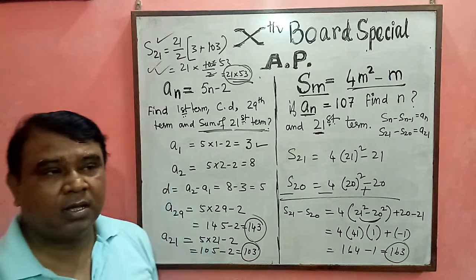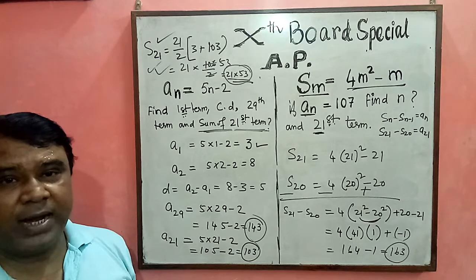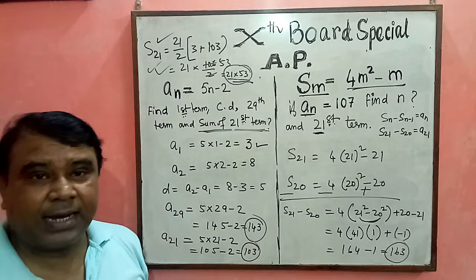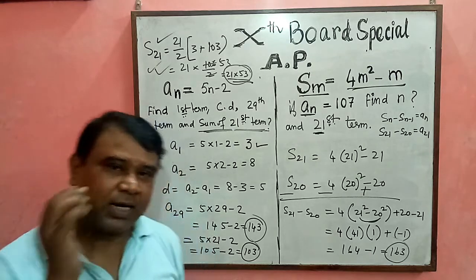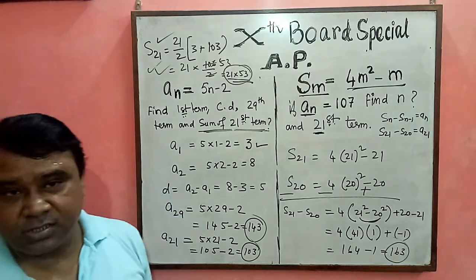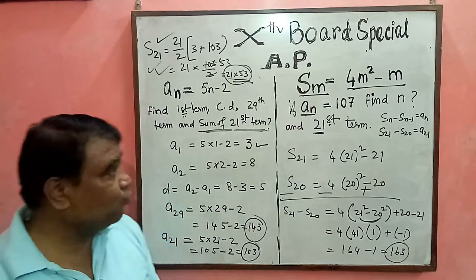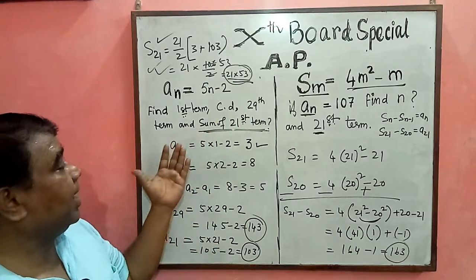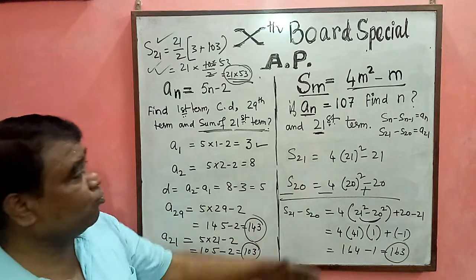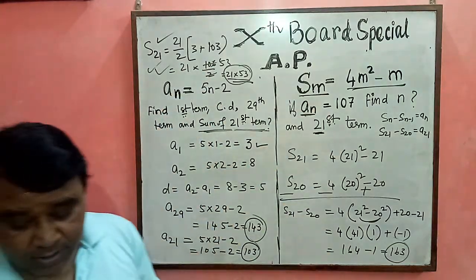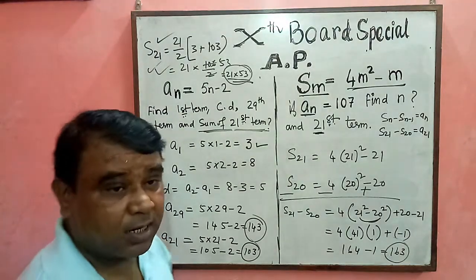If it is a fraction, you make it a whole number, and that whole number will be the first positive or negative term. You should have come to know about this in this class. And now you have got how to find, if An is given, Sm is given, the number of terms and sum of terms here. This is all about this class.